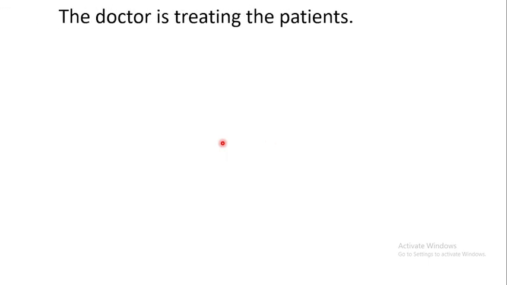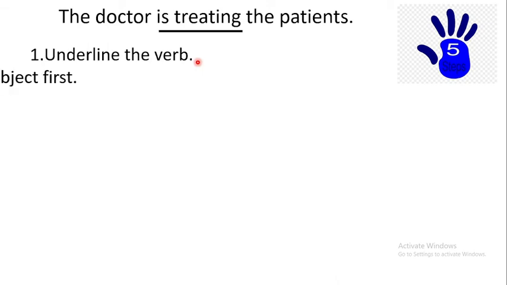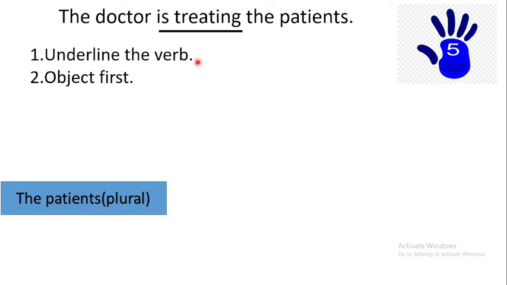The doctor is treating the patients. Steps 5. 1. Underline the verb. Is treating. Don't forget about this is. Is treating is the verb. Underline, done. Object first. The patients.